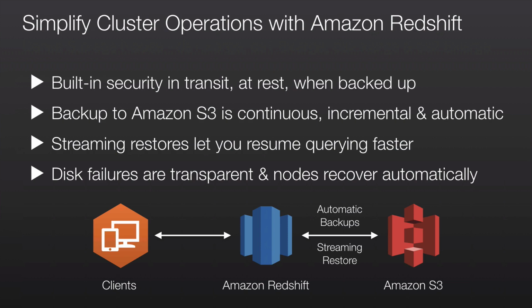So the typical architecture would be your clients, of course, communicating with your JDBC or ODBC endpoint, and then transparently in the background your Amazon Redshift cluster is being protected and data is being stored automatically on Amazon S3 with the familiar 11 nines of durability that offers, and of course the facility to keep your data in a specific AWS region that you've specified.